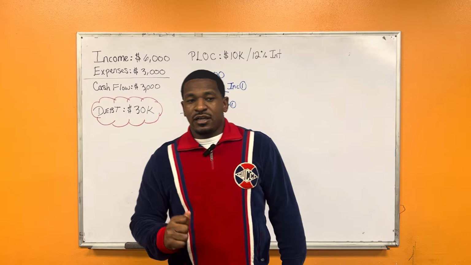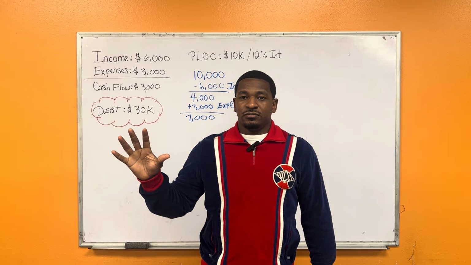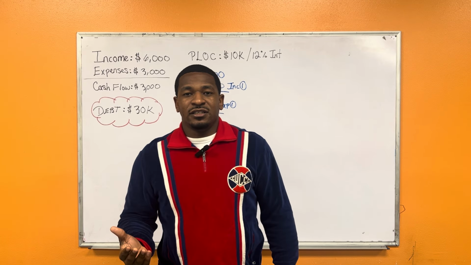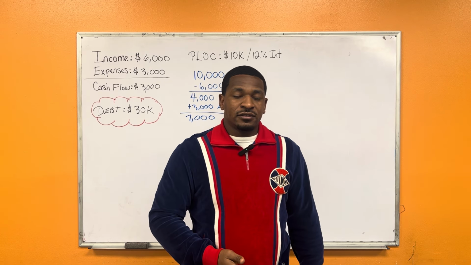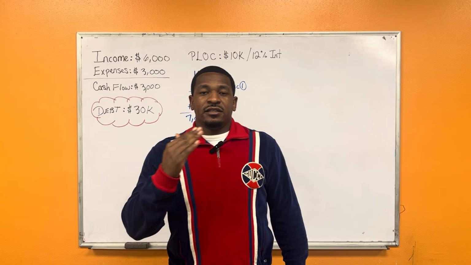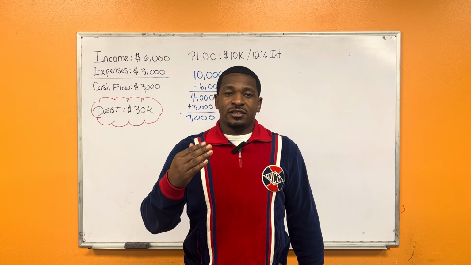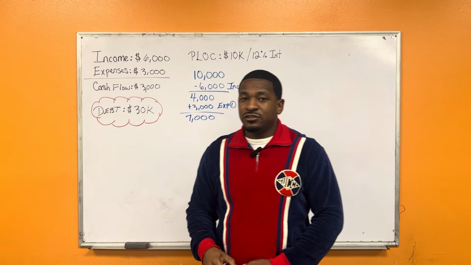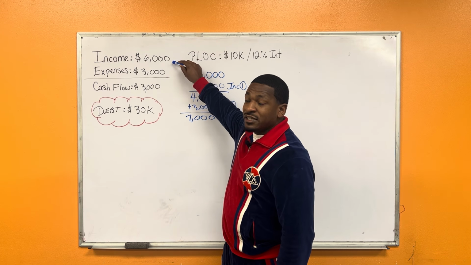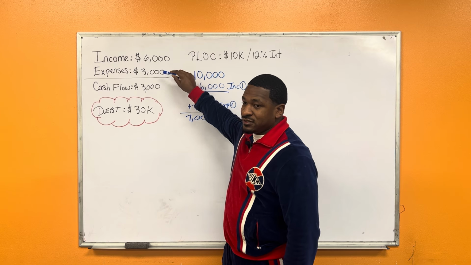Now, after you know those two main things, you want to see if you have a negative cash flow or a positive cash flow. This is how you figure out cash flow: income minus expenses.